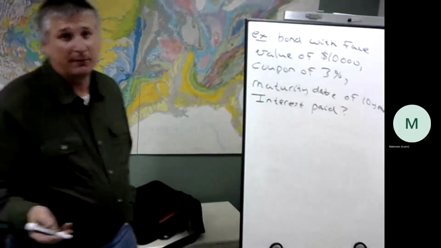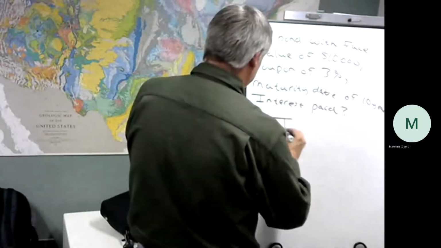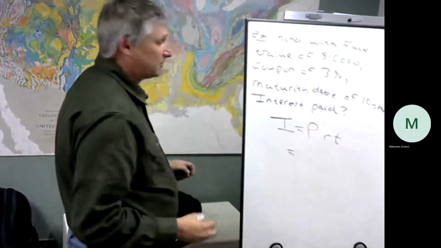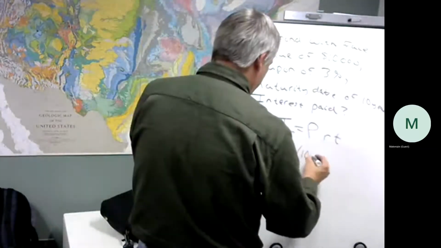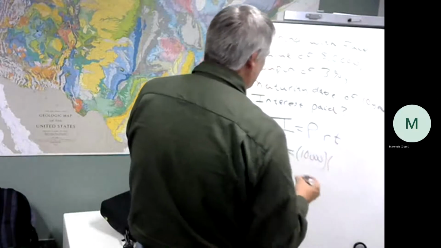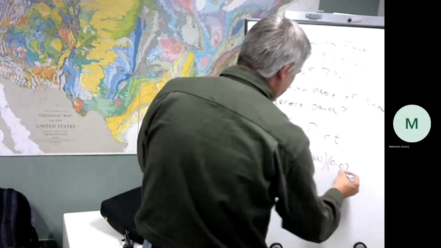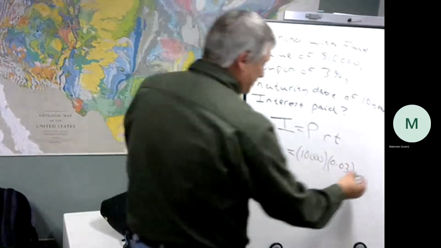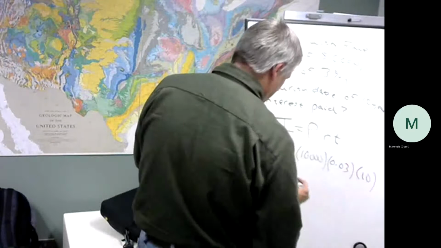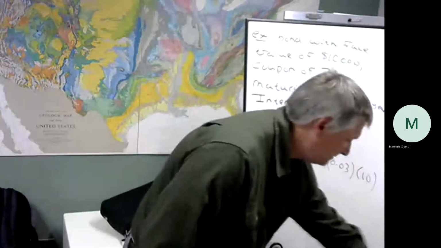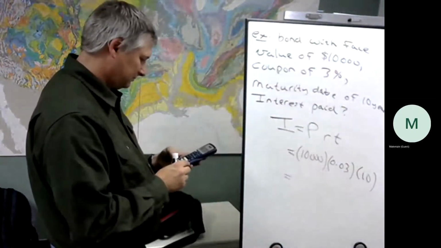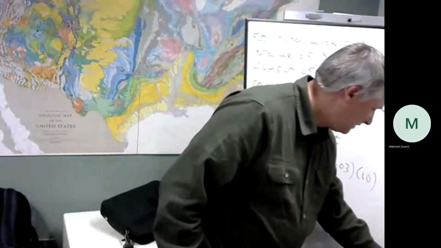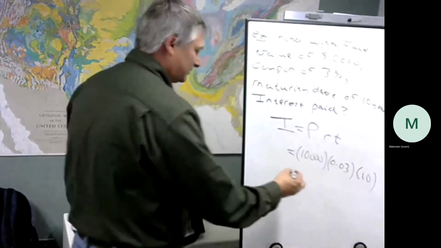So we use the simple interest formula. So P is 10,000. R is 0.03. Again, we take 3%, divide by 100. And then T is going to be 10 years. So we get $3,000.